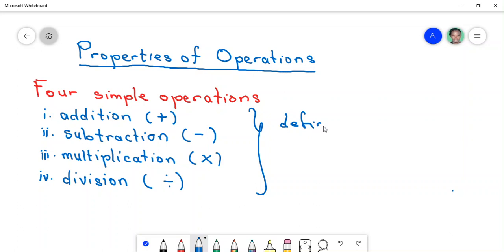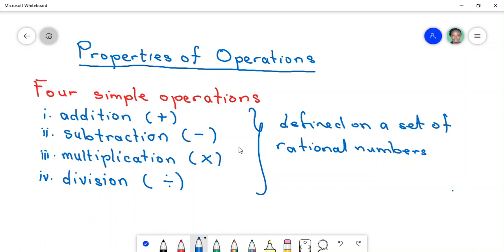So we say that these operations are always defined on a set of rational numbers. So that if I combine these operations, you realize that if I have a rational number A and another rational number B, if I combine the two numbers, it gives me what? Another number. So that even if I add A plus B, I get another number which is rational.